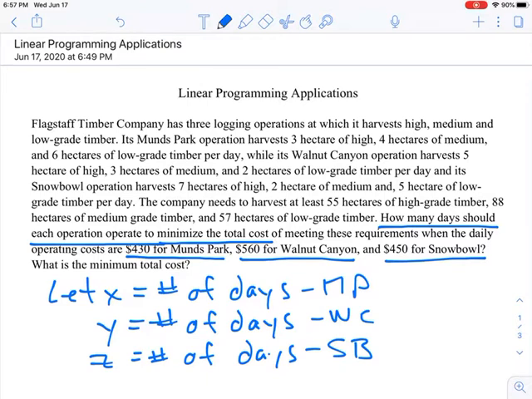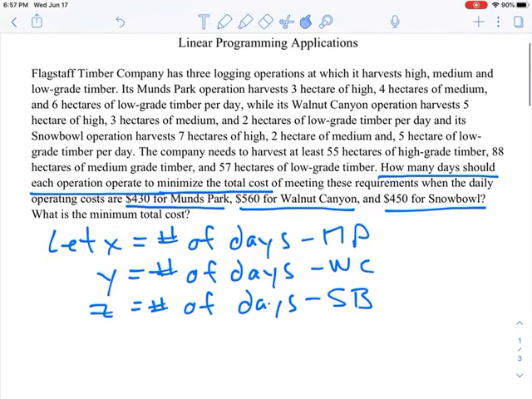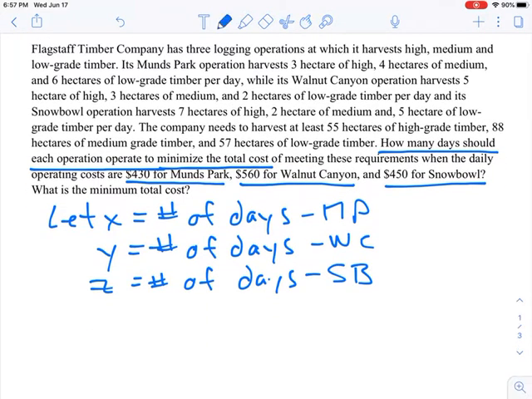Now my objective function comes from that. And the objective function is we are minimizing, so C equals, and we're given the cost. If X is the number of days that Munds Park operates, and it costs $430 per day, so 430X would be the total operating cost for Munds Park.